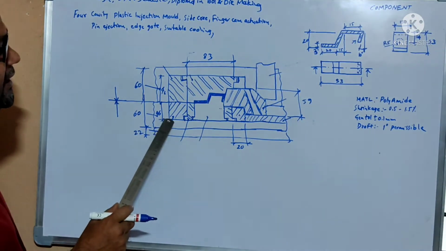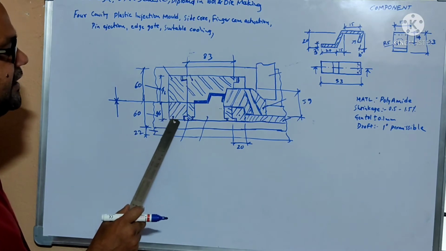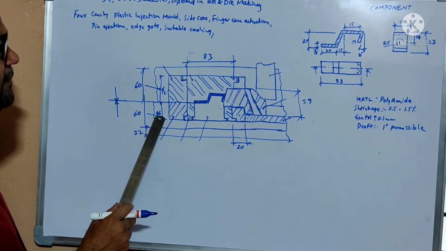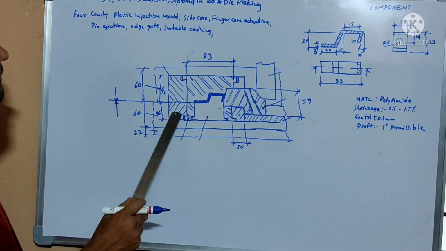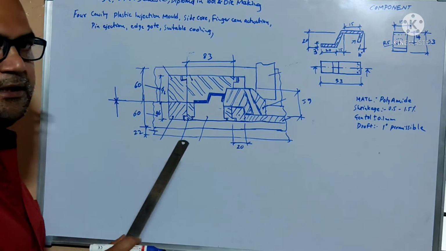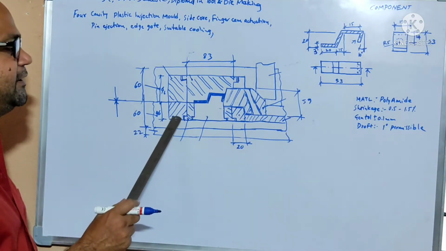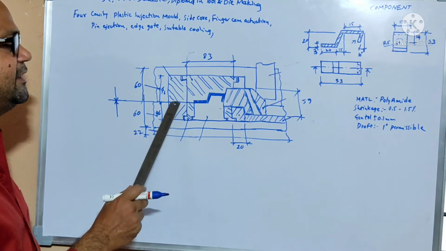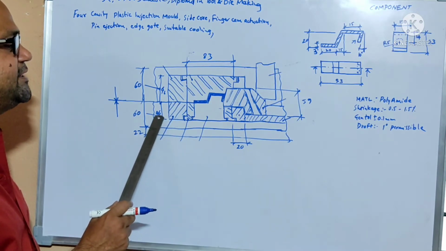You are observing the thickness of this insert is 46 mm, and this one is the core insert made up of HDS T35 CR5 MOV1. The core insert thickness is 46.